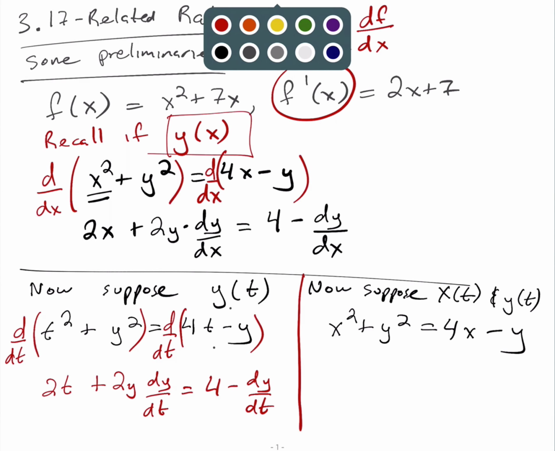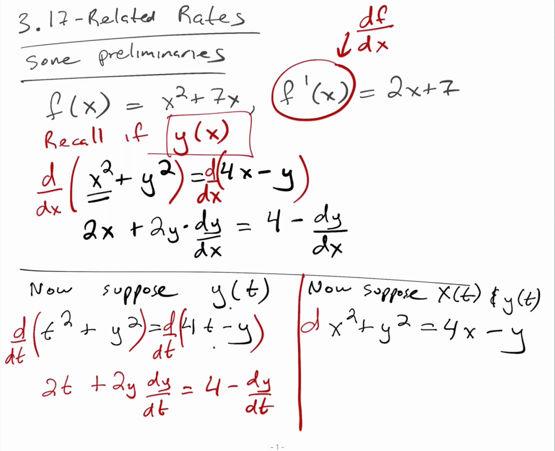Now, let's say I take the derivative not with respect to x, but with respect to t. Now, what's different here is that both x and y are functions of t. So how is that going to change then? What am I going to have? What's the derivative of x squared, since it's a function of t?